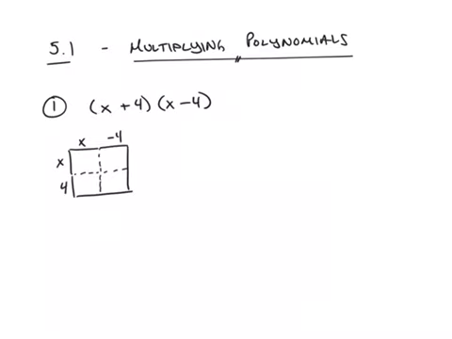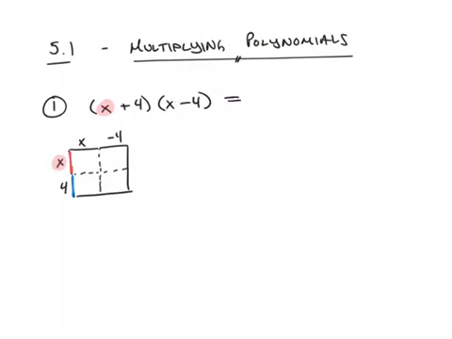The height of this rectangle, which looks more like a square now, is x and then a positive 4, and going across we'll have x and a negative 4. We're going to start by taking the first x in the expression and distribute that x first, so x times x and x times negative 4.